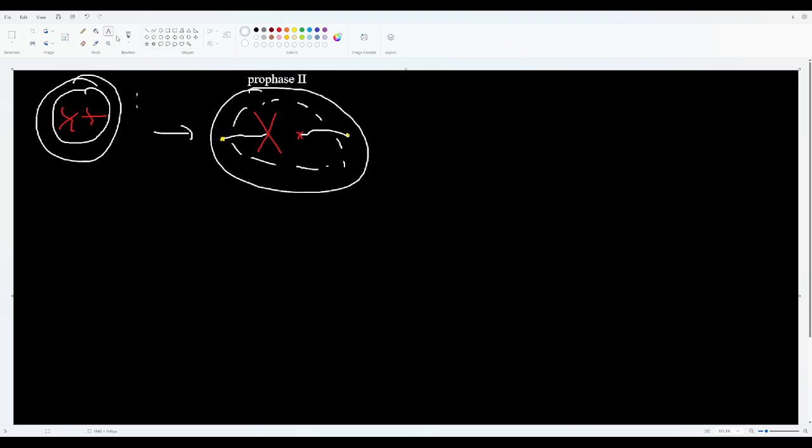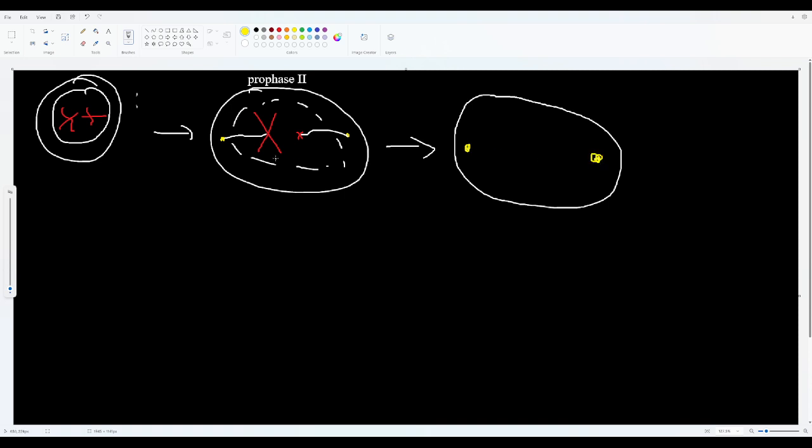So, let's go into metaphase 2. Metaphase 2 is pretty much exactly how you might expect. We have the centrosomes at both poles. We have the chromosomes lining up in the middle. And we have the spindle fibers orchestrating all of this. So this is metaphase 2.